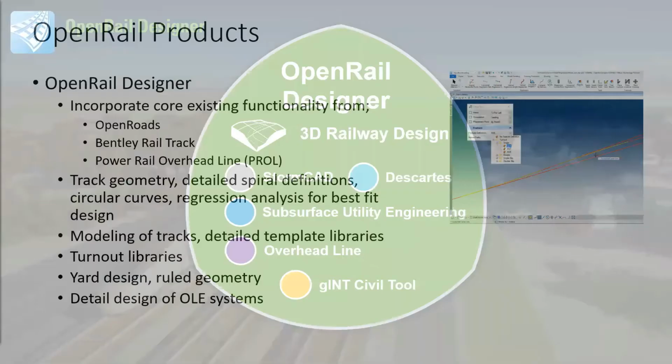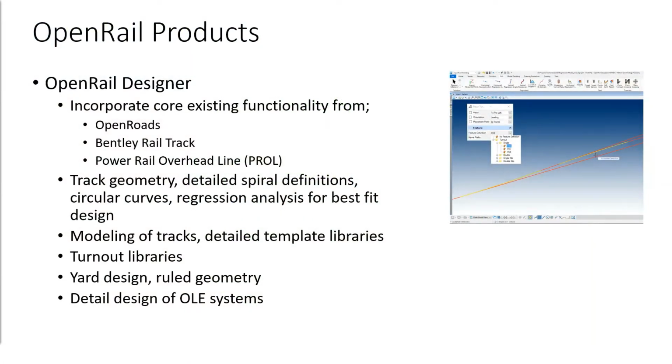All right. So OpenRail Designer, as you saw from the earlier hierarchy, integrates everything from OpenRoads as well as OpenSite. And this is actually a legacy product from our rail track software, as well as rail overhead line, both of which are already established products from the past 20 years.